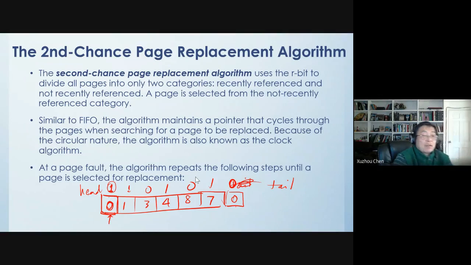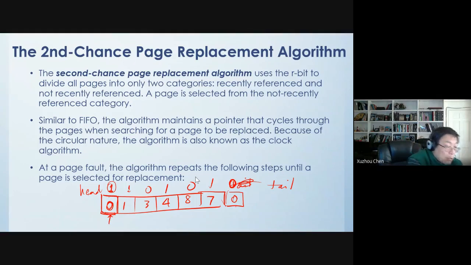So even though it's a FIFO, the reference bit changes the order, because if a page is referenced, then you have a chance to stay and will not be replaced. But I will put you at the tail of the queue, so you are not replaced immediately, and I will reset the reference bit back to 0.